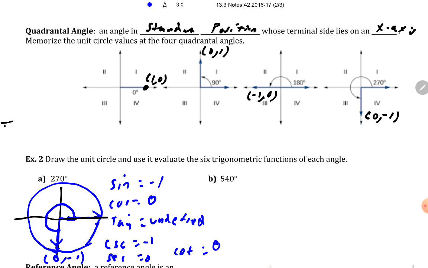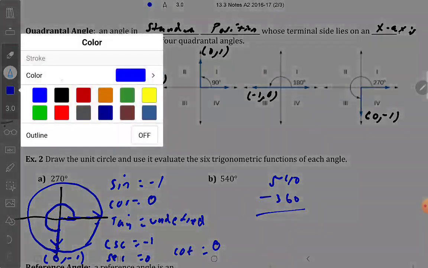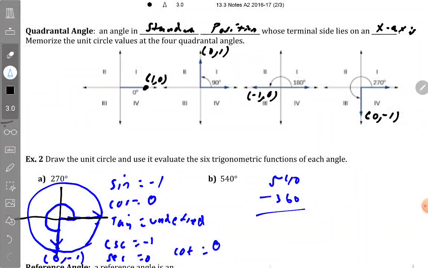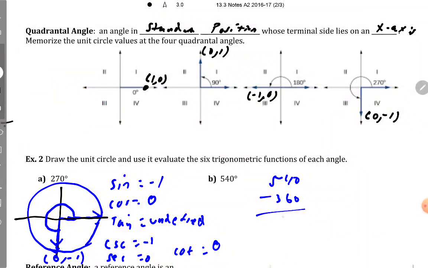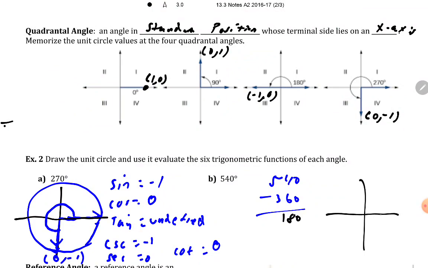540 minus 360 would be the same as 180 degrees. So that looks like this.